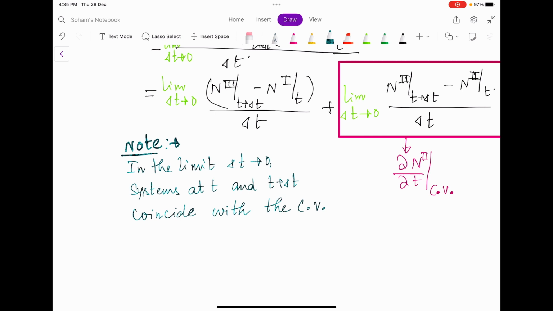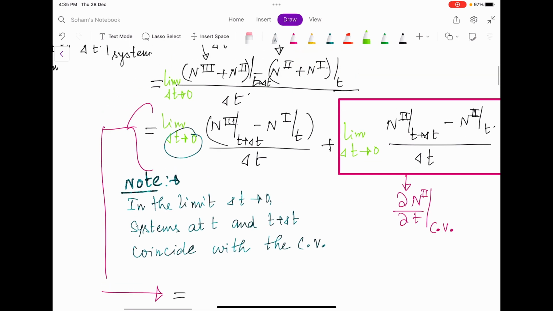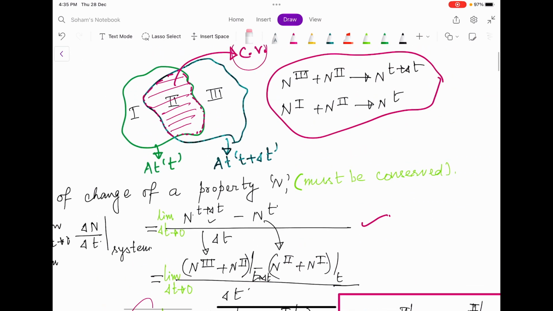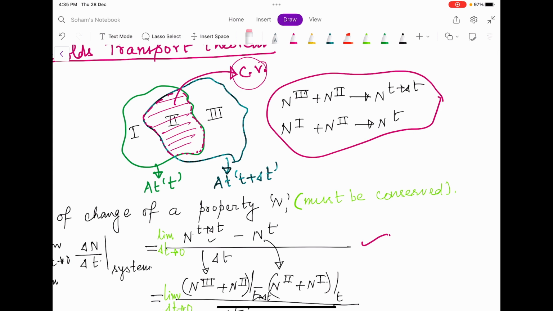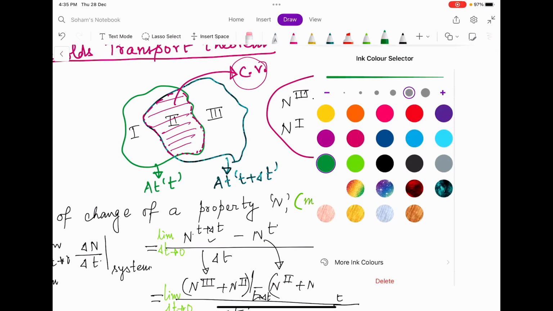And whenever we are applying this delta t, net tends to 0, so from this line I can directly write that it is equal to n3 at t plus delta t, that is this part.